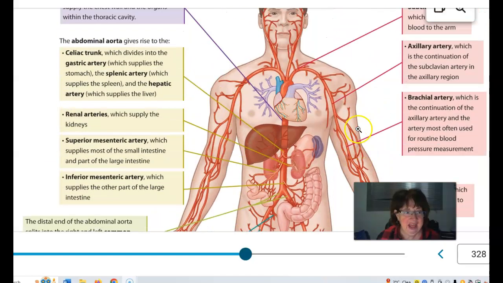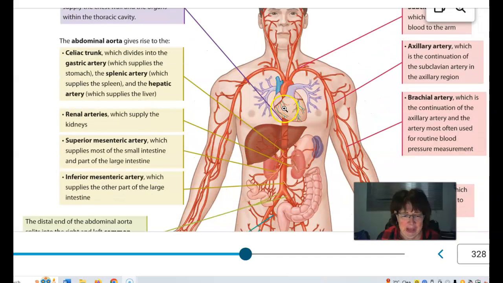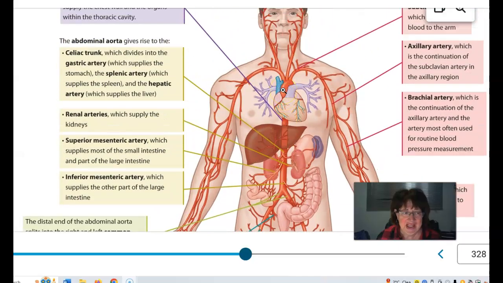Okay. Then if we go down the aorta, we have the thoracic aorta, which then goes into the abdominal aorta. The abdominal vessels are named after the organ they feed.